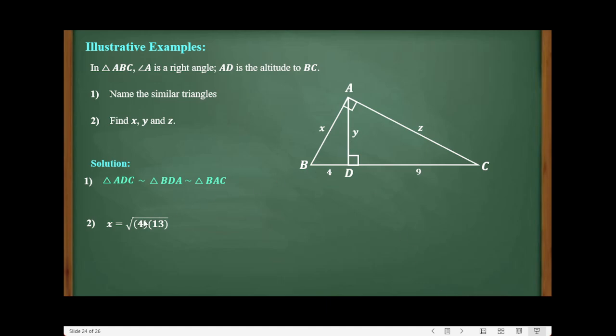To find the value of x, that is simply equal to the square root of the product of 4, which is the length of segment BD adjacent to the leg denoted by x, and the length of the entire hypotenuse, which is 13. Why 13? That is the sum of 4 and 9. If we simplify the answer, the value of x is 2 square root of 13.